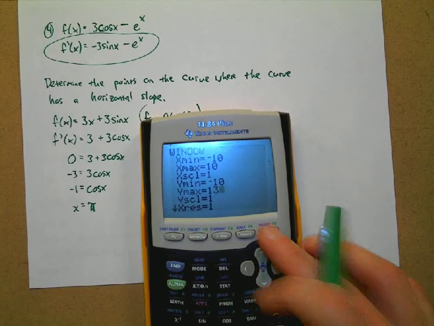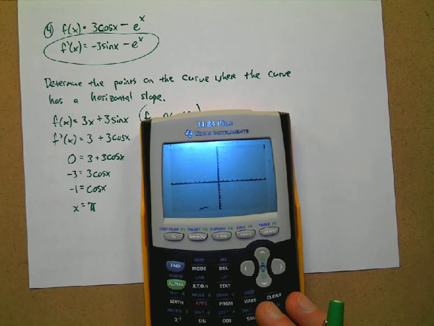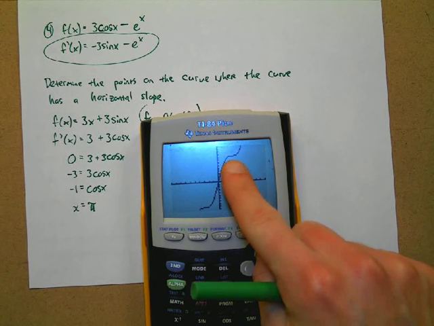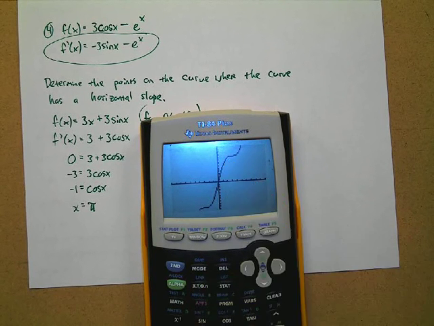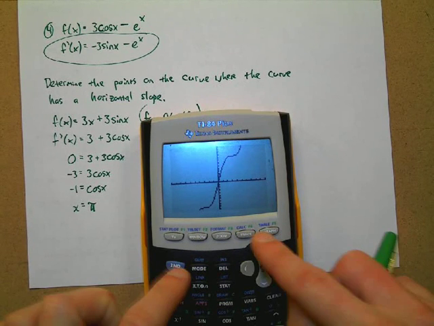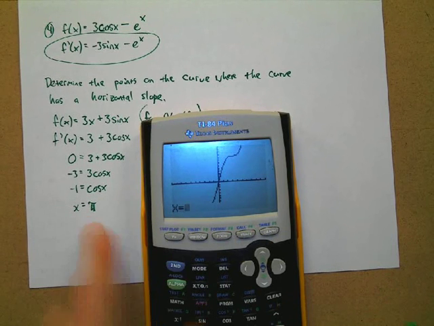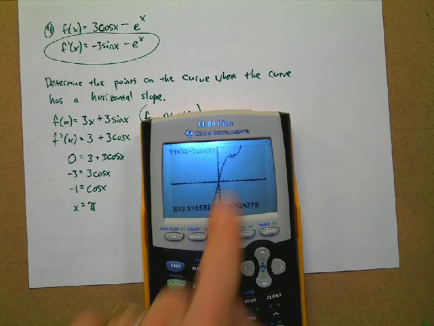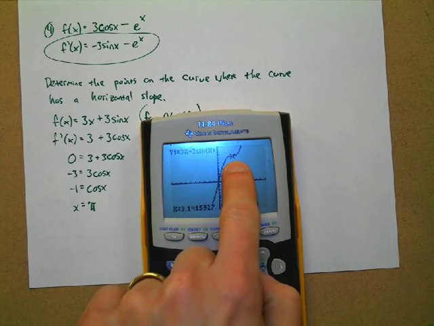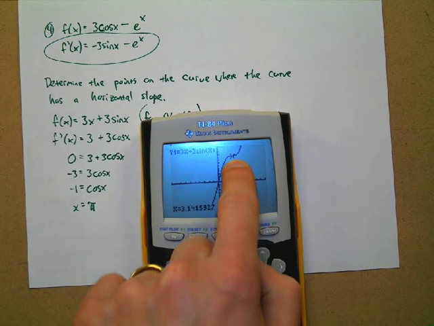So if I do second trace, and I'll go to value, I'll type in the x value of pi, and sure enough, it locates that point where it looks like it maybe flattens out just for an instant and then starts to increase once again. So the slope there, it looks like, is going to be 0. So there we go. We do have a slope of 0 at that point there.